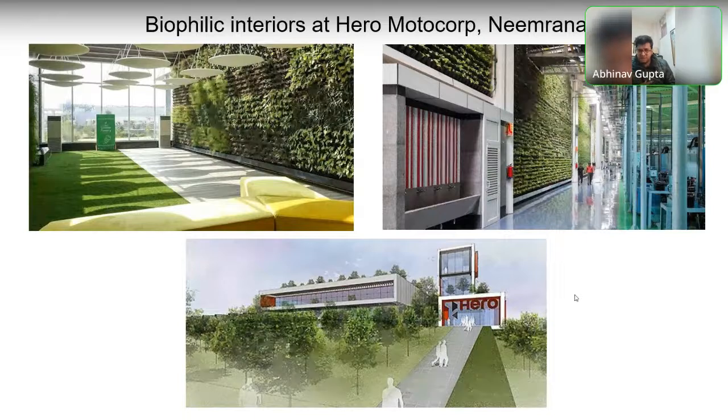So this project again talks about some biophilic interiors. Although making all of this costs quite a lot, because there's a lot of ductless air conditioning that goes with it, the whole idea of creating this green space on the walls right in front of the assembly lines is that even when people are not able to look outside, these workers are still exposed to greens.